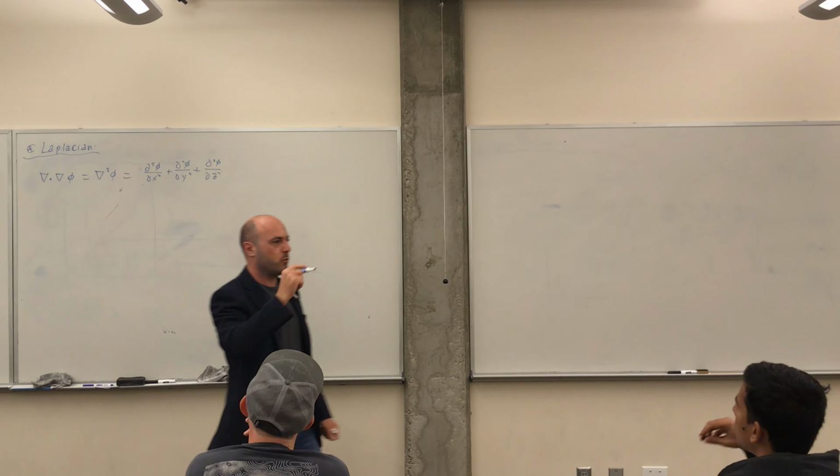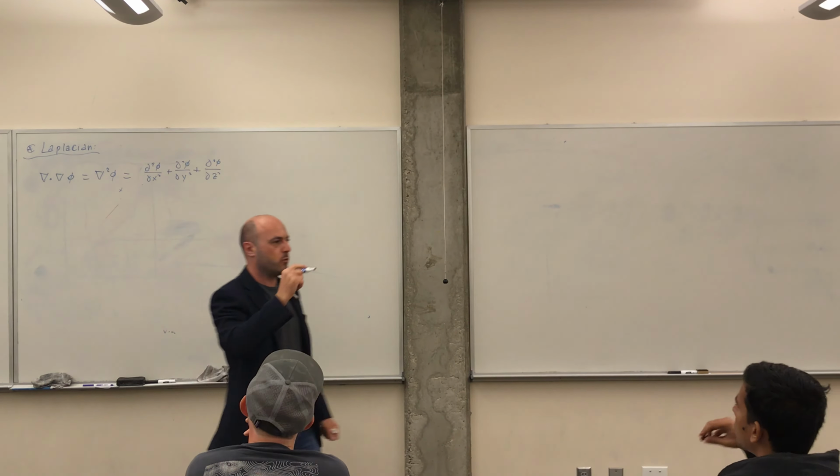When you put two vectors next to each other... Pardon me? It depends on what rank your vectors are. A vector is a tensor of rank 1, and a tensor is of rank 2.